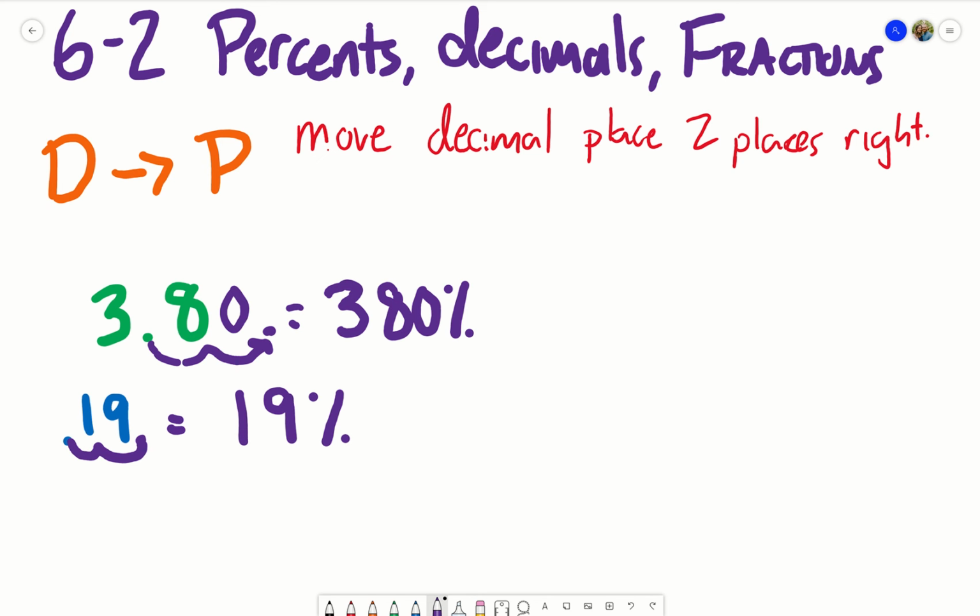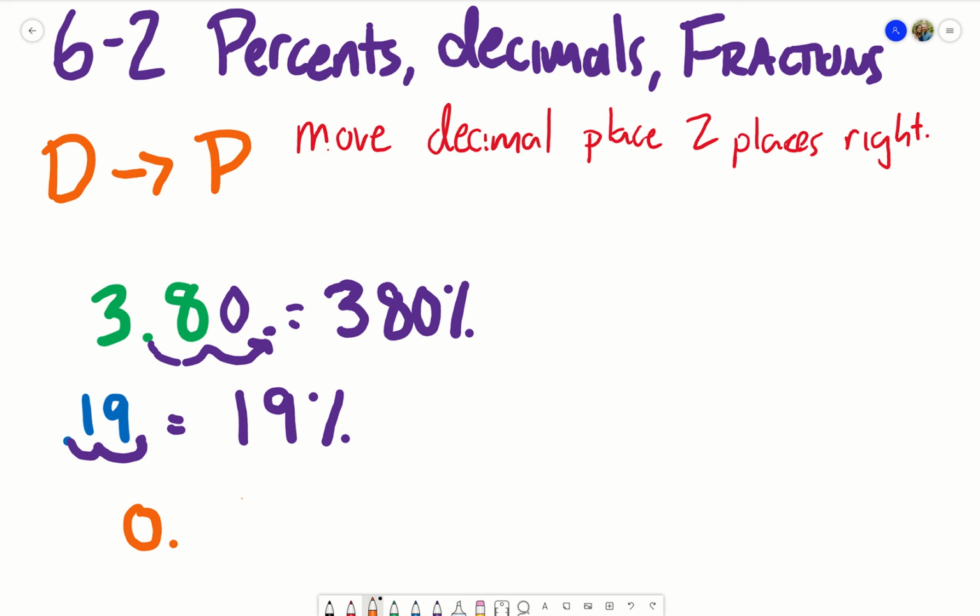Okay, when I'm starting at a decimal, I want to go to the right. If I'm starting at a percent, I want to go to the left. Let's say I wanted to convert this number to a percent. Which direction would I go? Well, that's exactly what I did earlier.